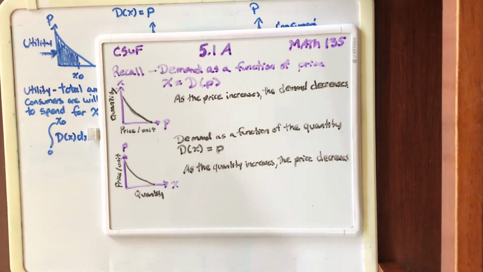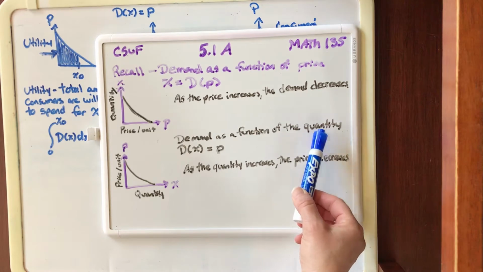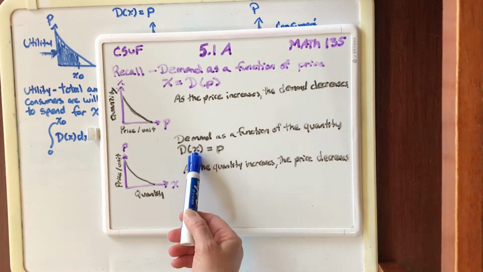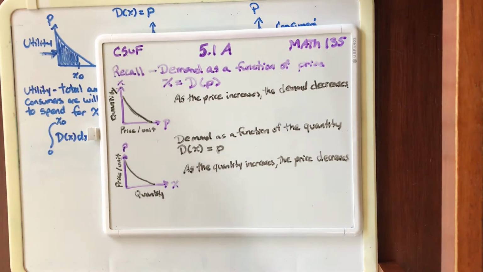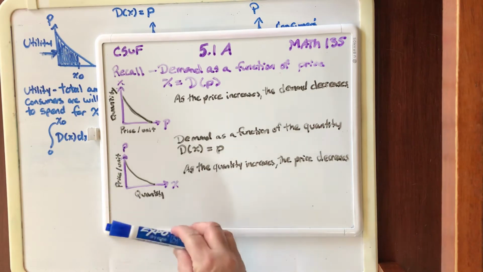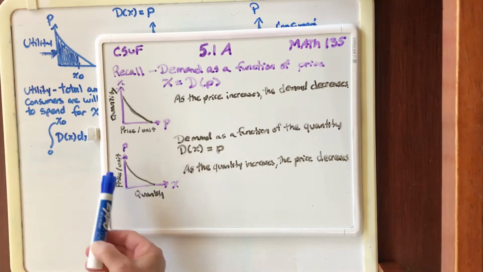Okay? So now we're going to look at the demand as a function of the quantity. Remember, X is the quantity, so the demand as a function of the quantity is going to equal the price. Now we flipped it. Here we had price and quantity, now we have quantity and price.